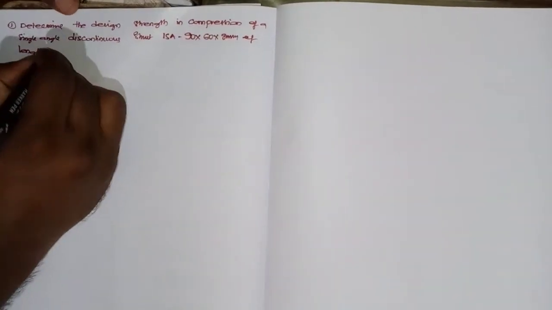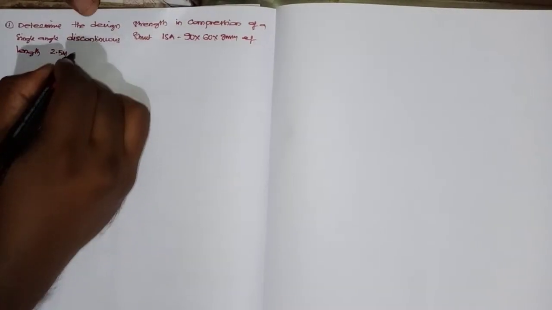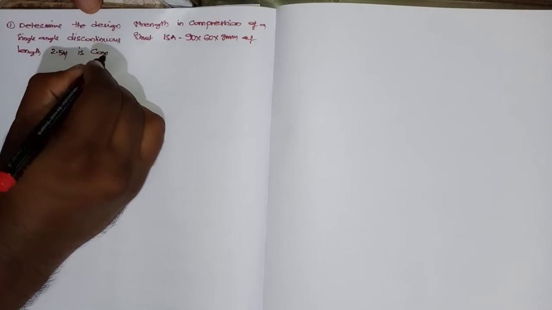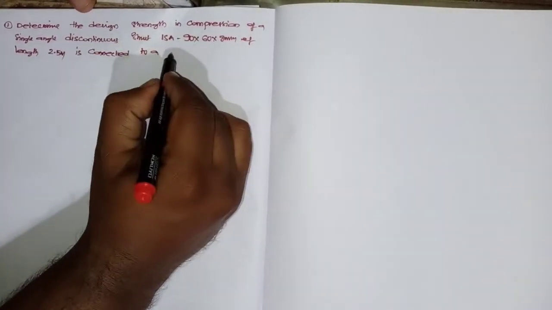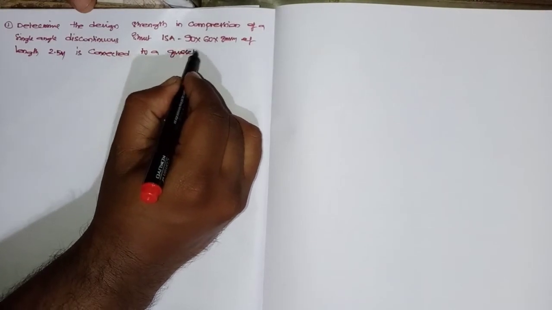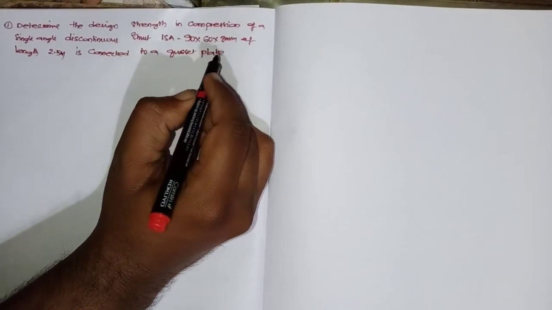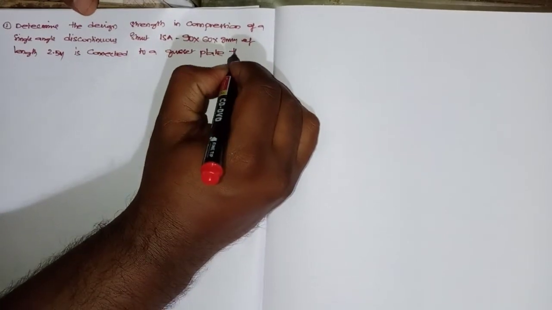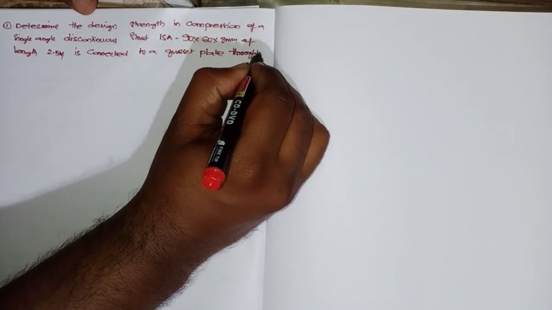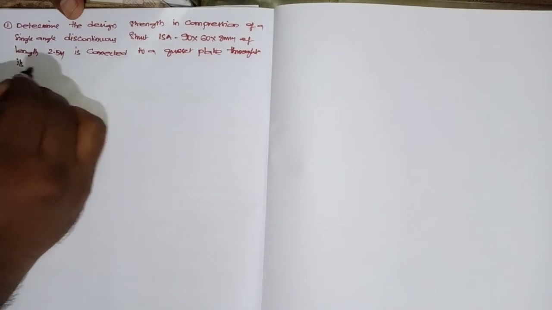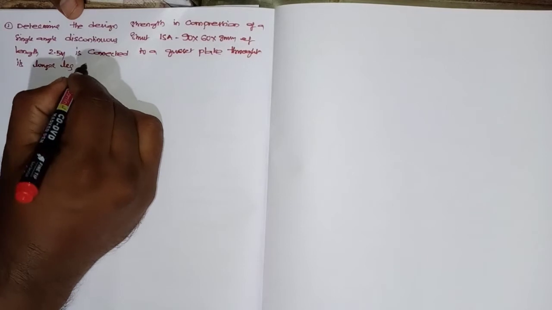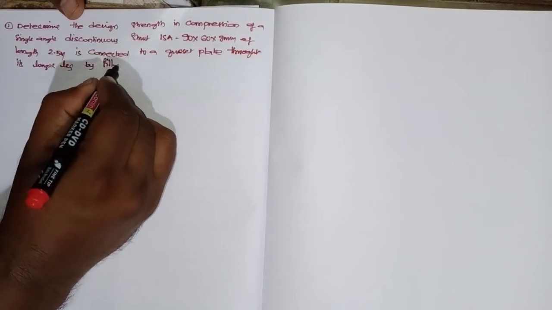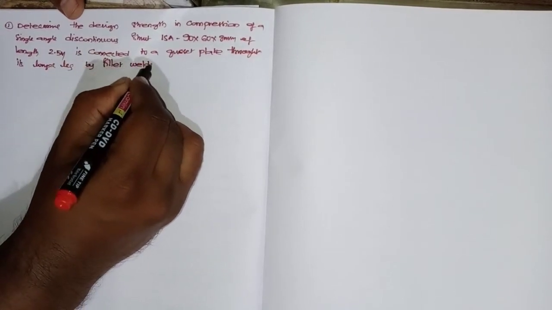2.5 meters, connected to a gusset plate through its longer leg by fillet welds.